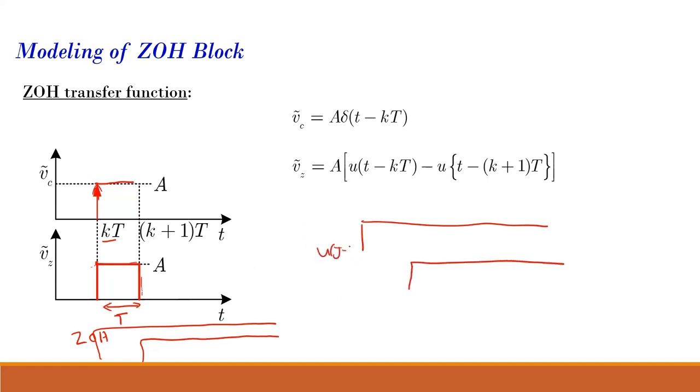This is u of t minus kT, and this is u of t minus (k plus 1)T. When we subtract them, we get this signal. So Vz prime of t is equal to A into u of t minus kT minus u of t minus (k plus 1)T.